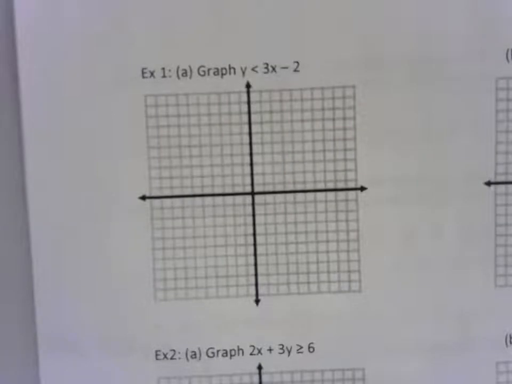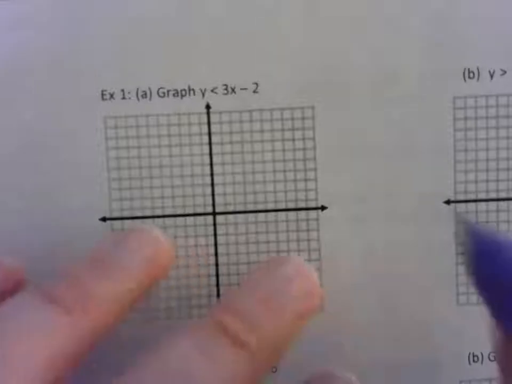The first thing I notice about this is what? Yeah, it's already in what form? It's not y equals mx plus b, but it's in slope-intercept form already. y is alone.